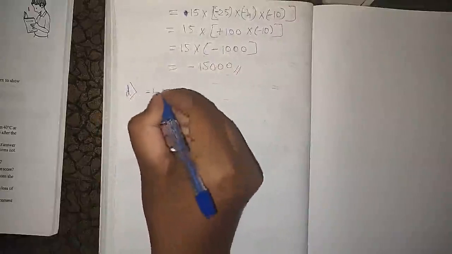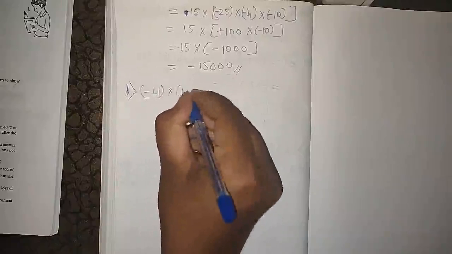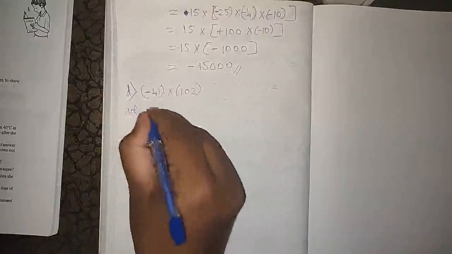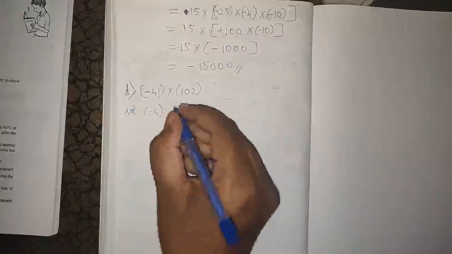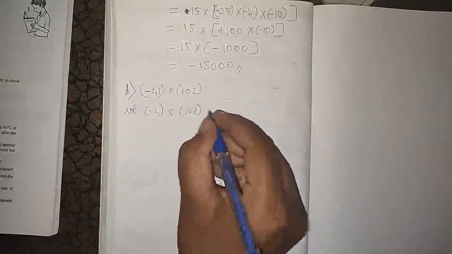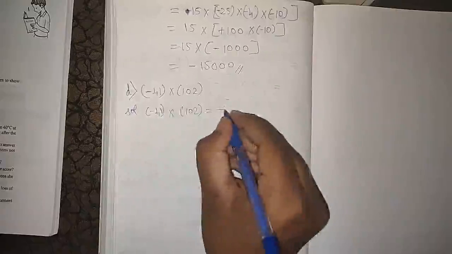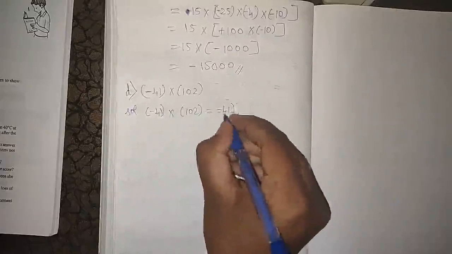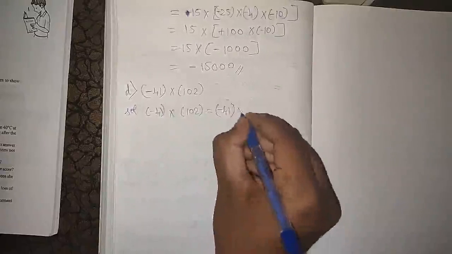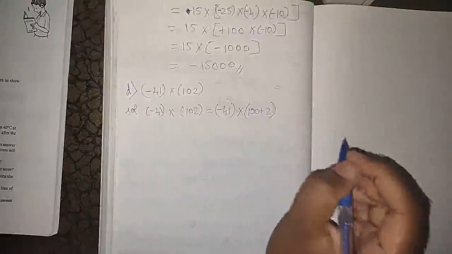Minus 41 into 102. Solution. See, minus 41 into 102 I can write as minus 41 into 102, and 102 I can write as 100 plus 2, no?